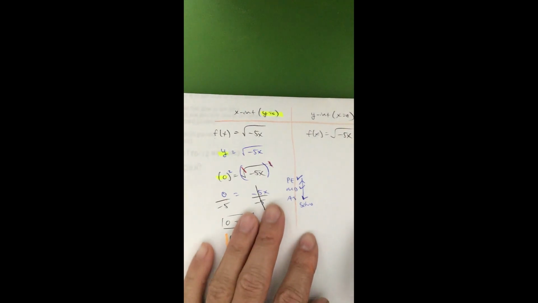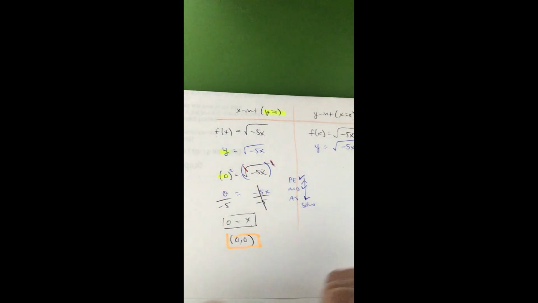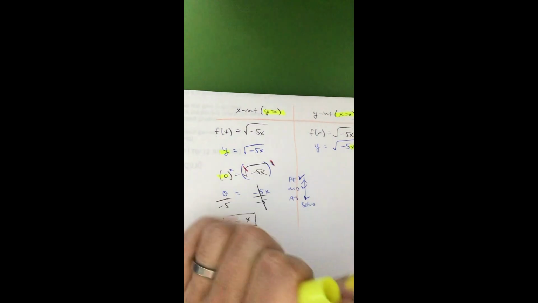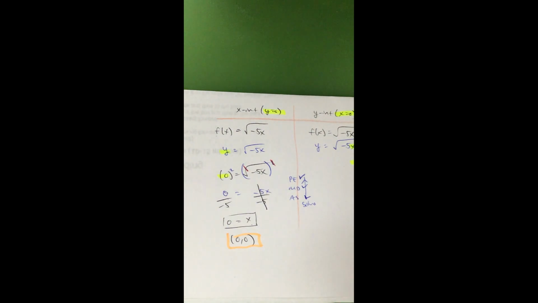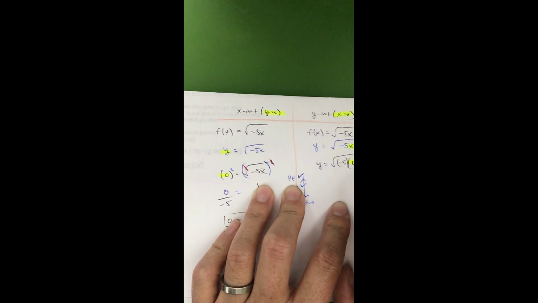We're going to do the same thing, f of x. Easier way of writing that is just y. This time we're going to make x equal to 0. Negative 5 times 0 is negative 5.